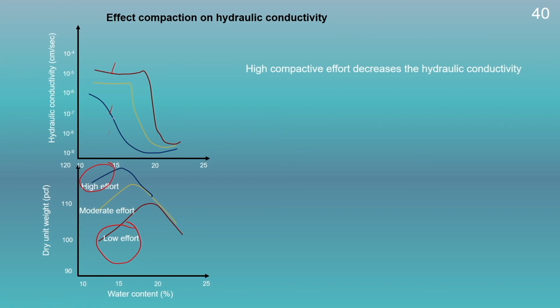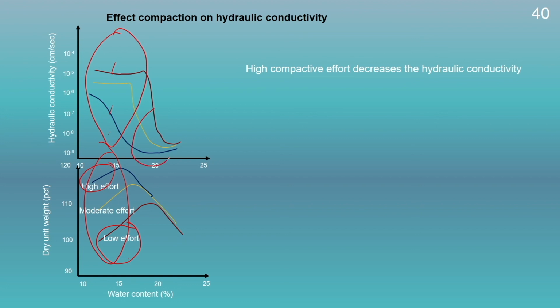So, this is quite evident from here that with increase in the compactive effort, the hydraulic conductivity of the soil gets decreased. However, the maximum difference due to the compactive effort could be seen on the dry side of the OMC in comparison to the wet side of the OMC.